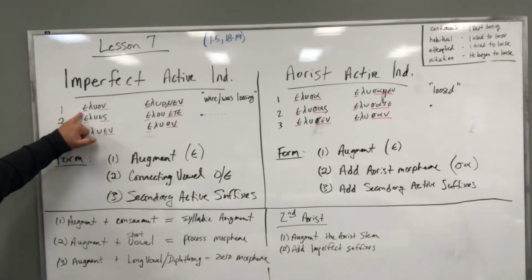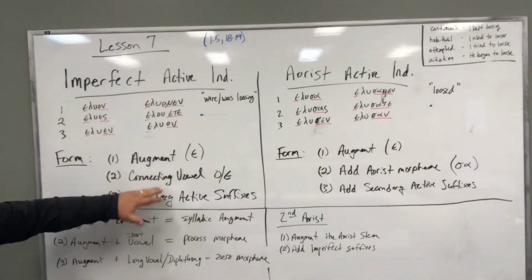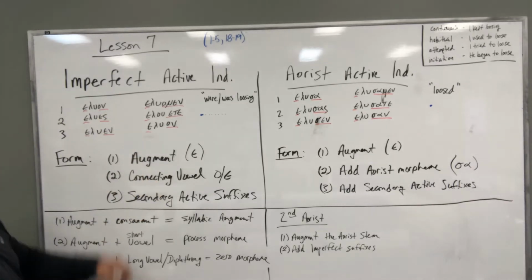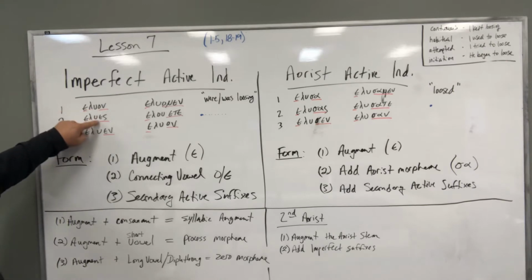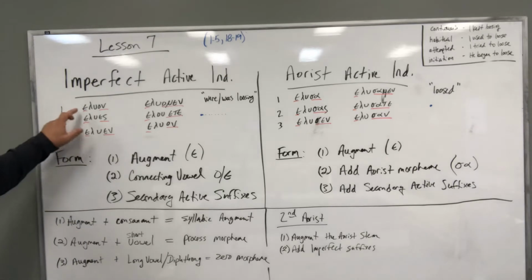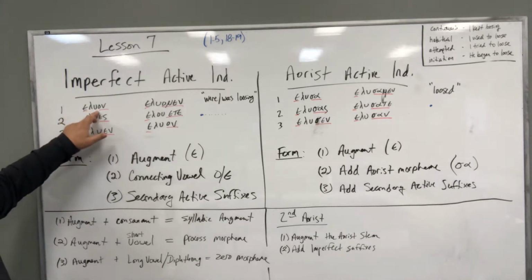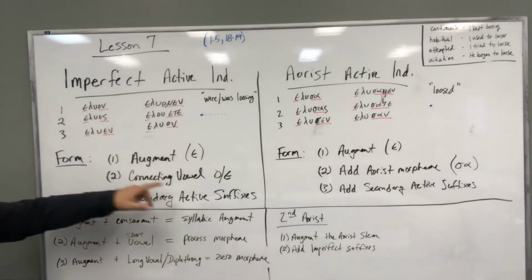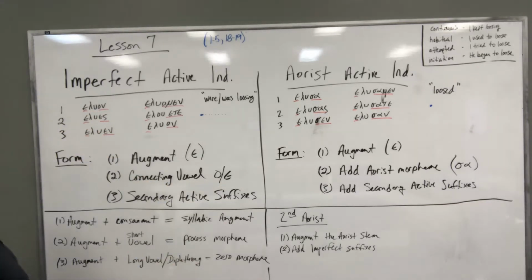Not only do I have an epsilon augment, but I also have a connecting vowel in the imperfect. You'll see my omicron or my epsilon in here. So I have my augment plus my imperfect morpheme, the connecting vowel, which is the omicron or the epsilon.